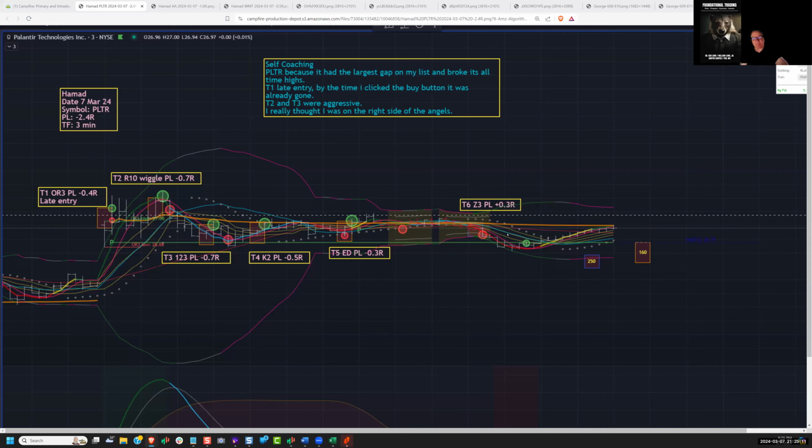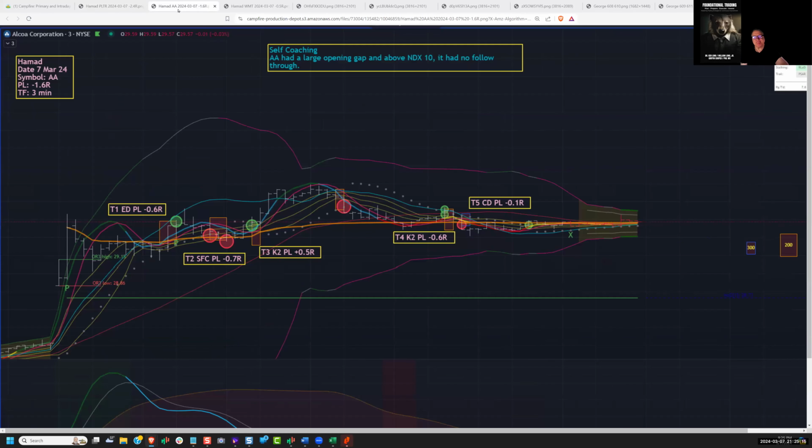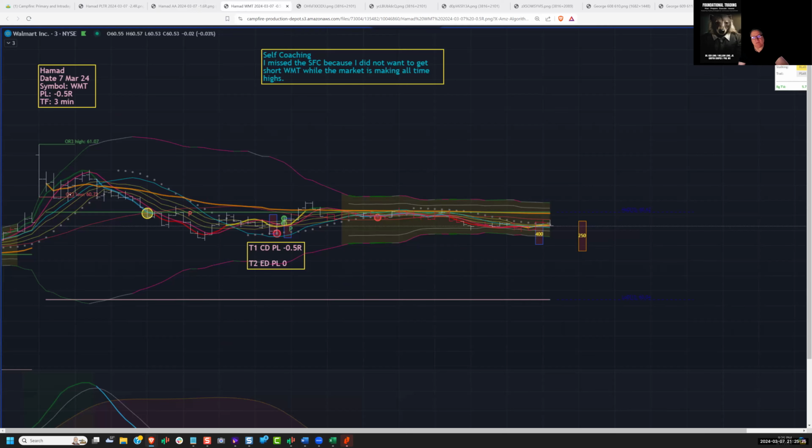Trading in the chop, as he notes. Trading in the chop. Find the movers. Here's a mover. Big gap up, which fails.